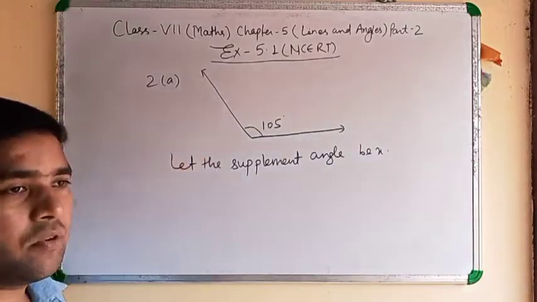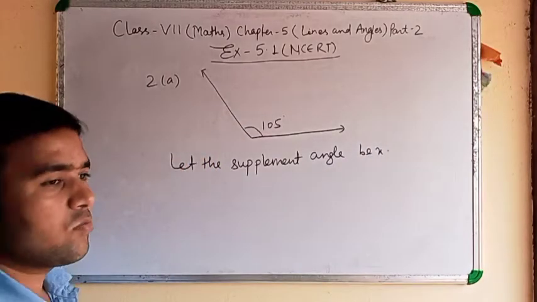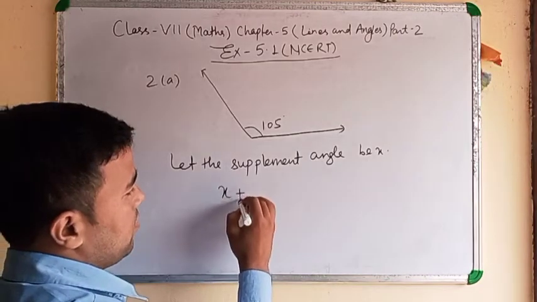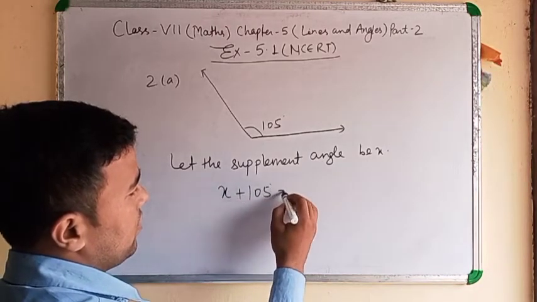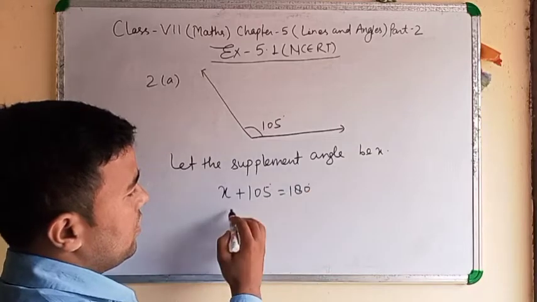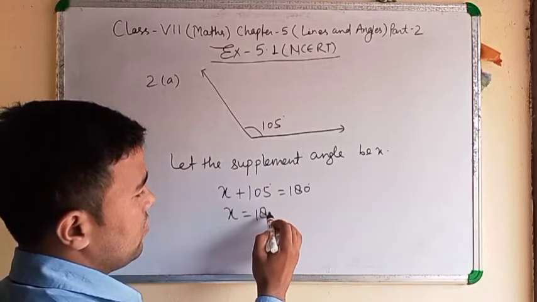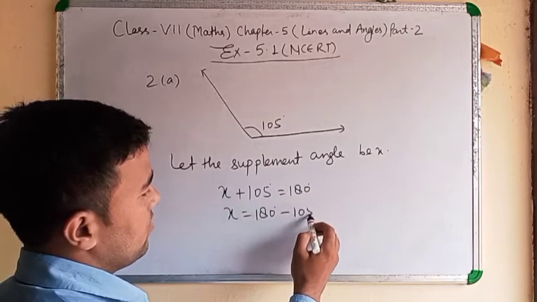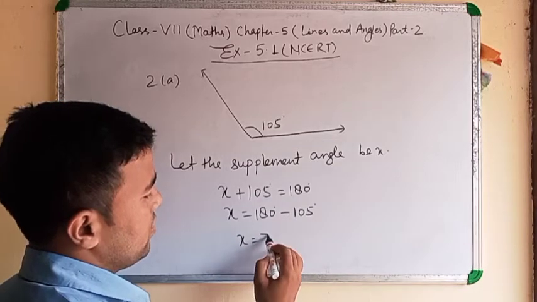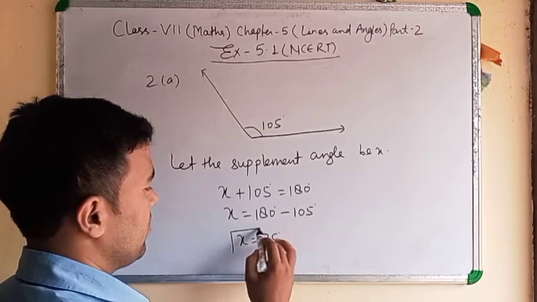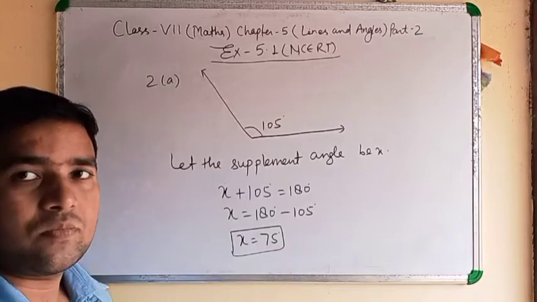Supplement means the sum of two angles is 180 degree. x plus 105 equal to 180 degree. Then x equal to 180 minus 105. x equal to 75. Clear?